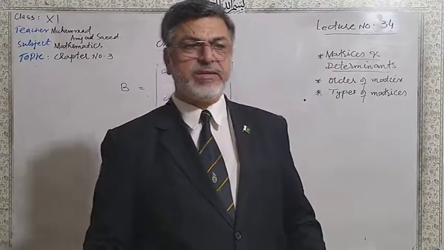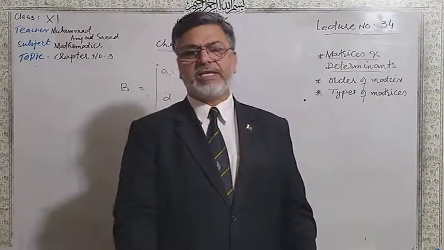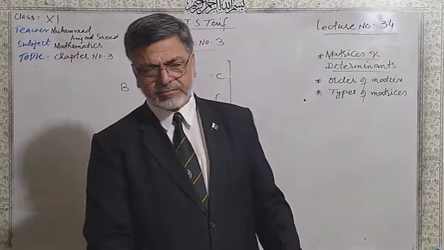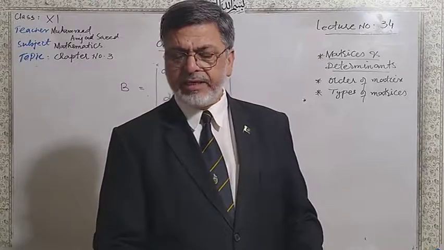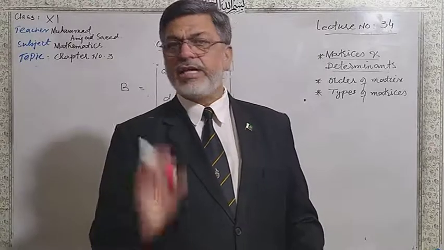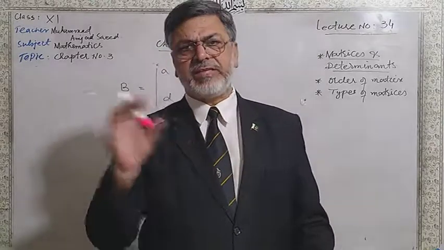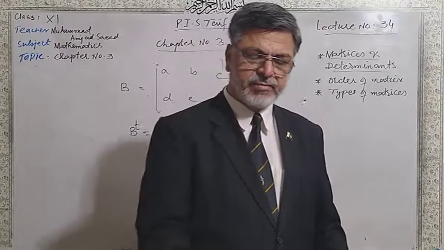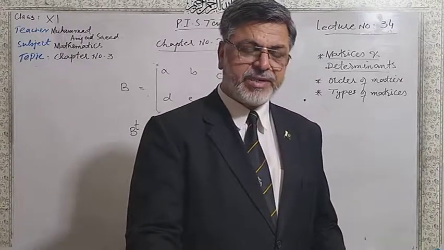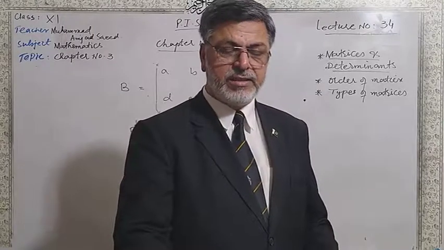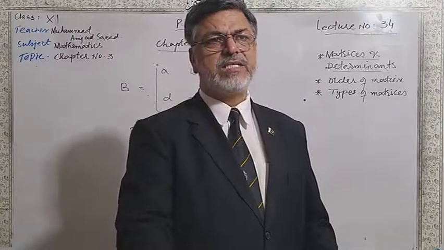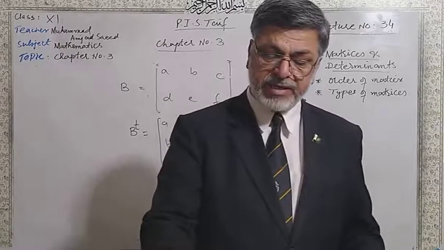After that, scalar multiplication: you can multiply a matrix by a number, and each and every element will be multiplied by that number. After that, subtraction and addition of matrices, I told you already that you will add or subtract their corresponding members.